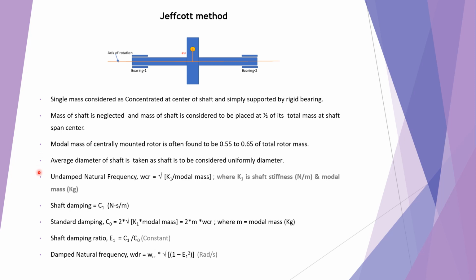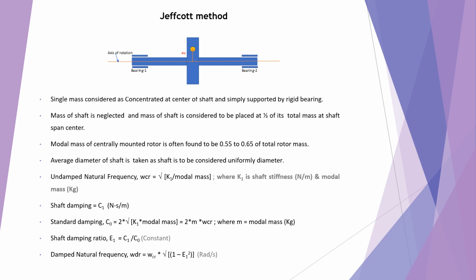The average diameter of the shaft is taken, as the shaft is considered to be of uniform diameter. The undamped critical speed omega CR is equal to the square root of K1 upon modal mass, where K1 is the shaft stiffness in Newton per meter and modal mass is in kg.